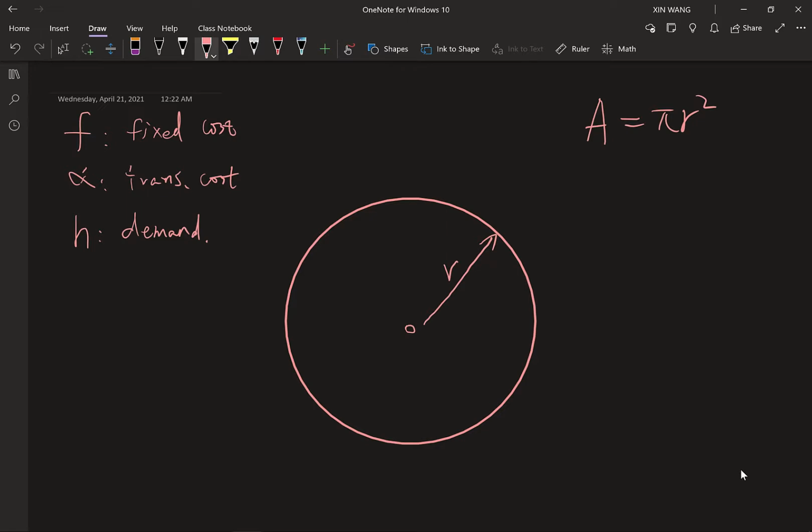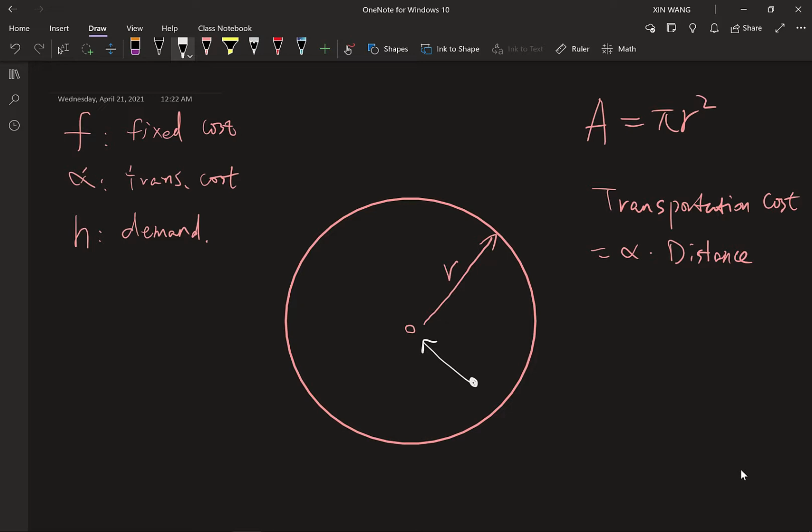For the entire covering area, let's estimate the total transportation cost. The transportation cost will be equal to alpha times the distance. This facility covers all possible customers within this circle. So the distance from a specific customer to the center, or the facility, is a random number depending on the specific location.